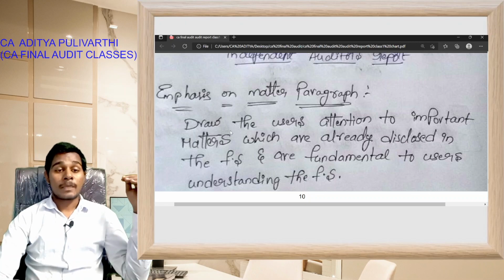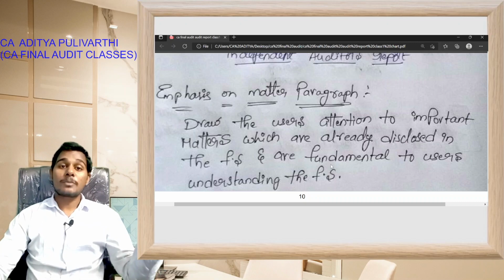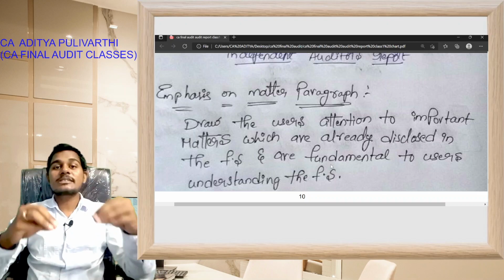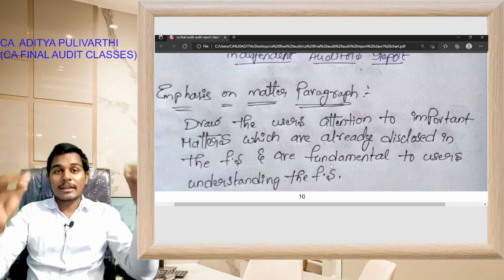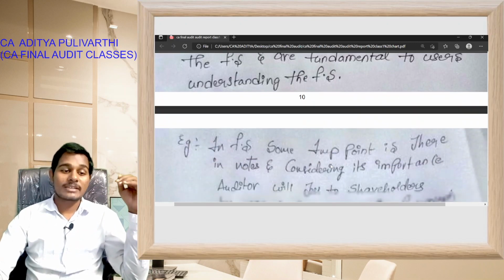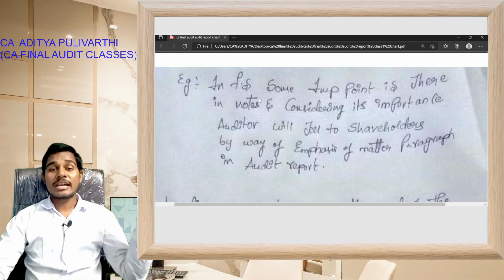These paragraphs draw the user's attention to important matters which are already disclosed in the financial statements and are fundamental to users' understanding. Let's discuss it by way of example, students. In the financial statements, some important point is there in the notes to accounts.